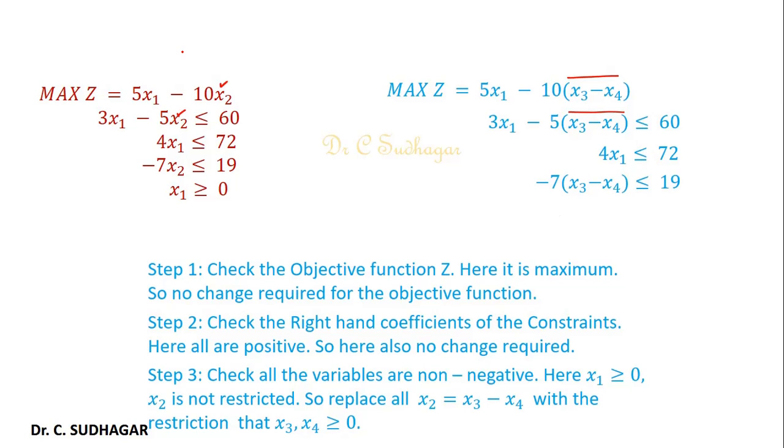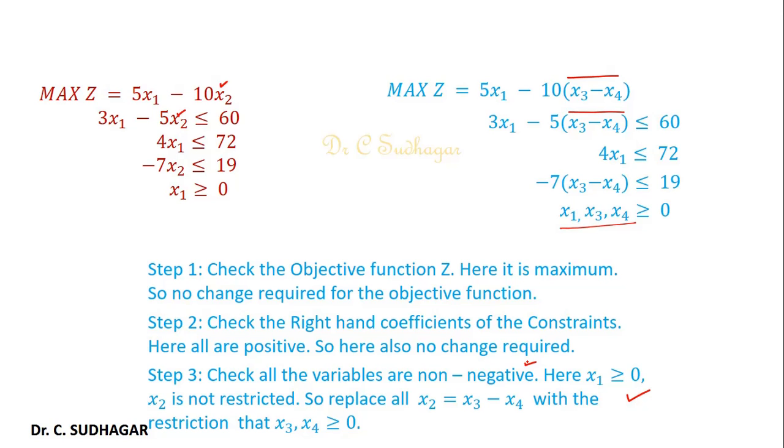Now all the variables in these equations, x1, x3, x4, are non-negative. That means the third condition is also satisfied. All the variables are non-negative now.